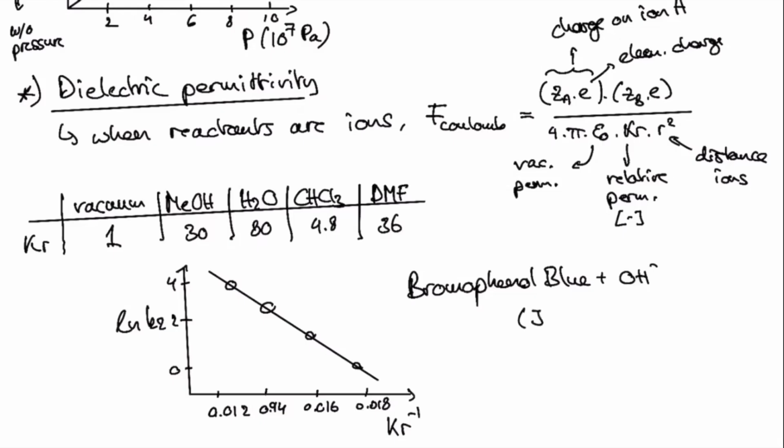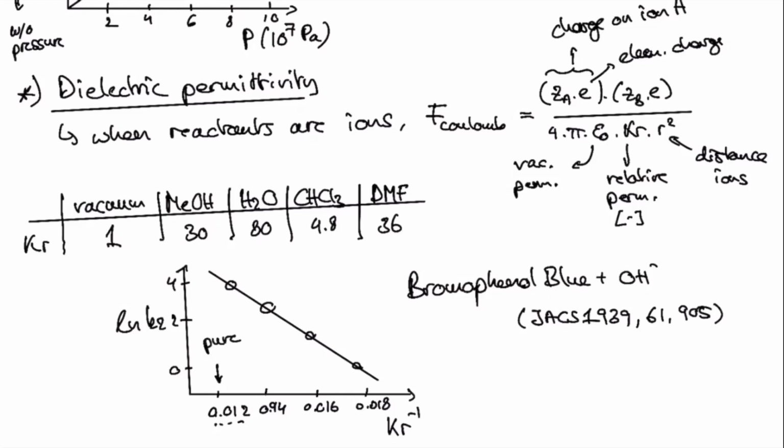I'll give you the reference: it's JACS 1939, pretty old. It's basically the color change of this bromophenol blue indicator in different water-methanol mixtures. Here, if you take 1 over this value, you have around 80, so this is pure water.